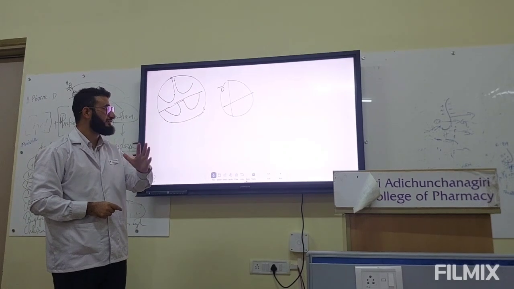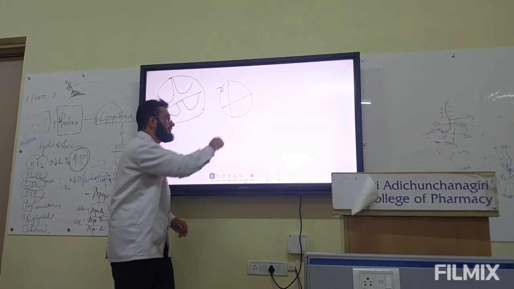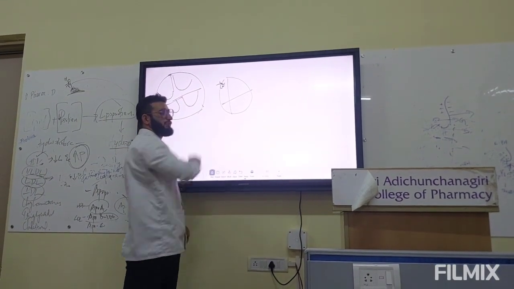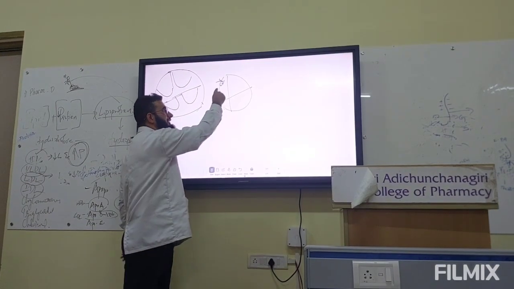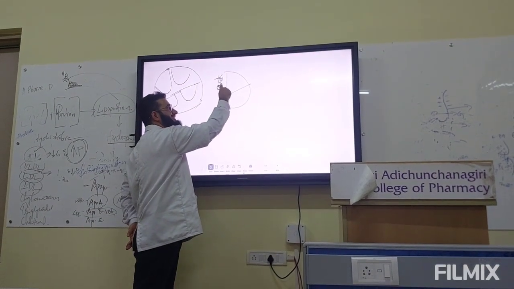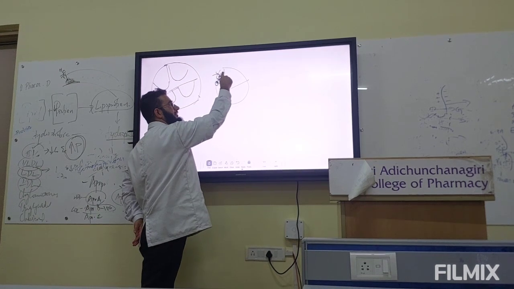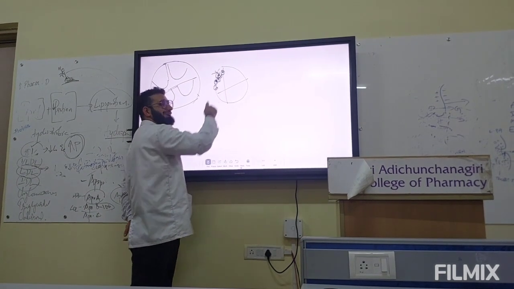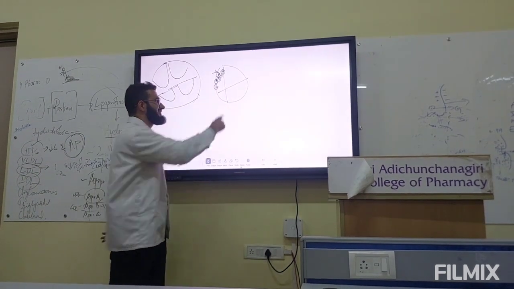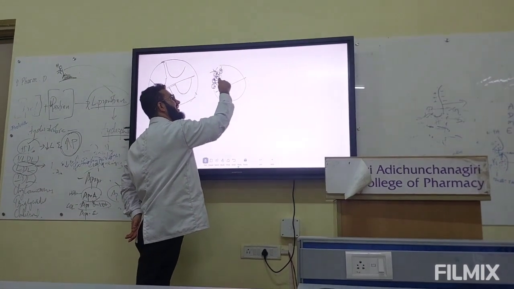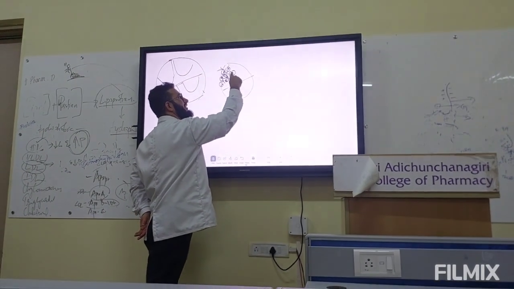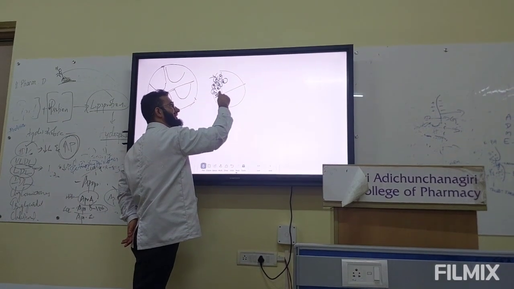When the SA node fires, it will lead to the depolarization of cells like this. Then these cells will depolarize adjacent cells like this. Like this. Then these like this.